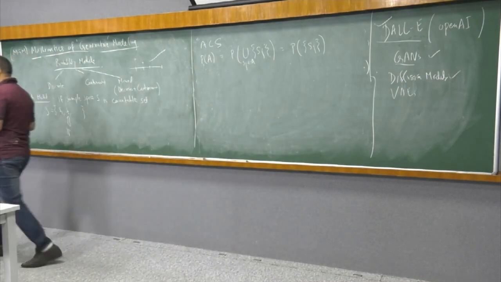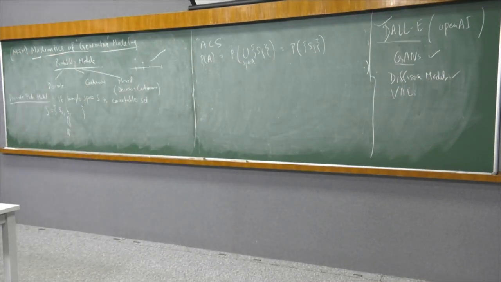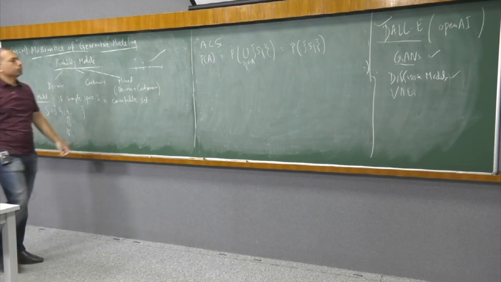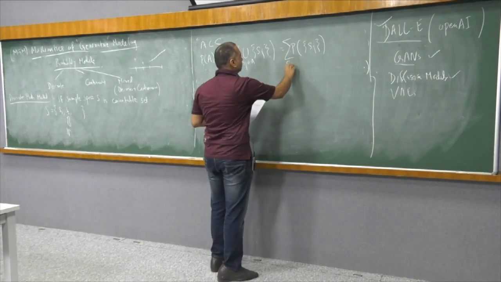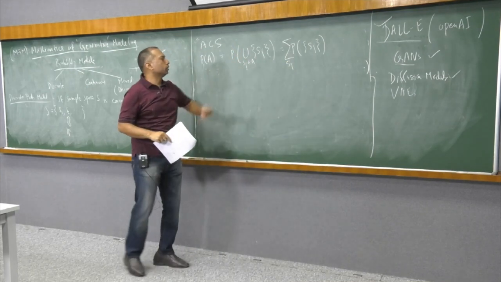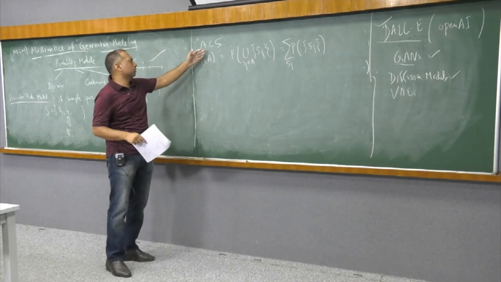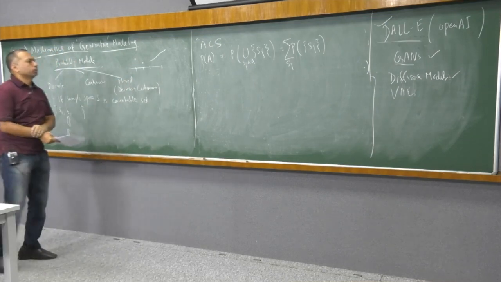We are expecting these events Sj to be disjoint. So again, it's just what we have seen already, just writing this in a more generic way.